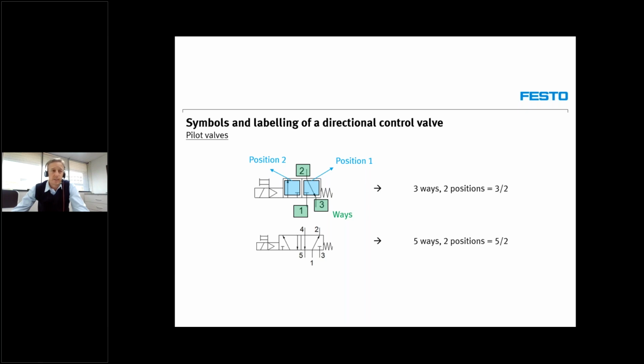Hannes? Yes, Russell. Just to confirm, you mentioned just now that the 5 two-way valve, the last valve you spoke about, would be used for a double acting actuator? That's correct. So then the assumption is that the 3 two-way valve would be used for a single acting actuator. Is that correct?